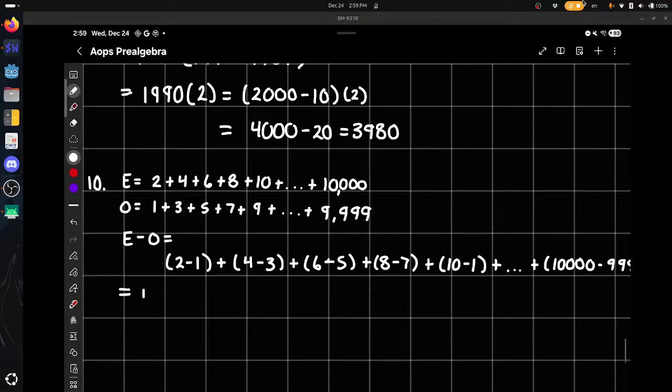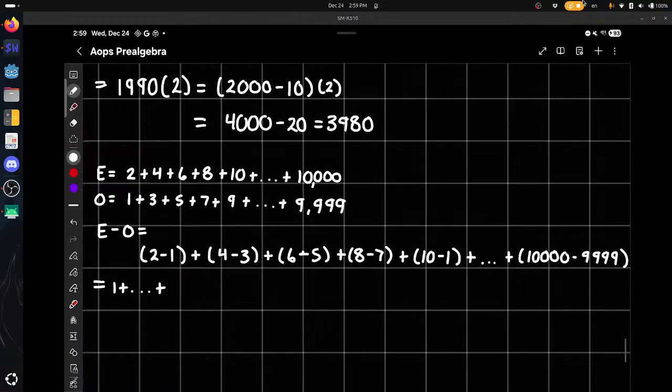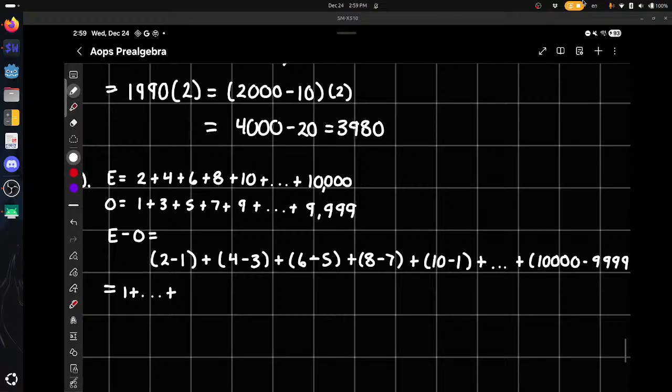Because this is just 1 plus... just 1 times, or no. 1 plus... how much would that be? If there's 10,000 numbers total, we combine the two. Would it be 10,000 numbers? Or would it be 20,000?